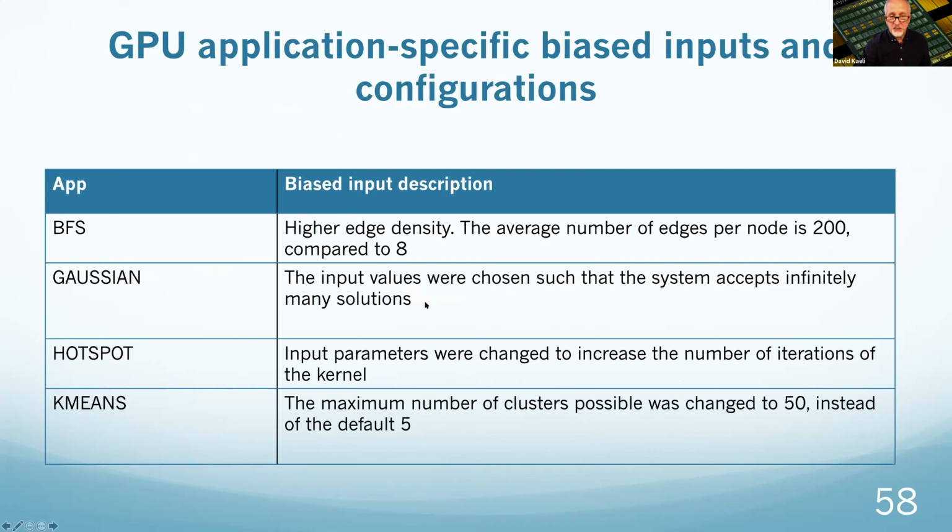For Gaussian, the input values are chosen so the system accepts infinitely many solutions. Hotspot is a simulator where we change the input to increase the number of iterations of the kernel. And for K-means clustering, the maximum number of clusters was changed to 50 instead of 5. So it's going to run longer and take some different paths through the execution.